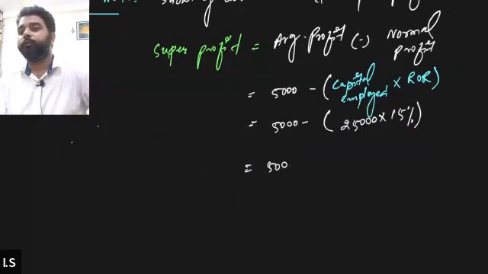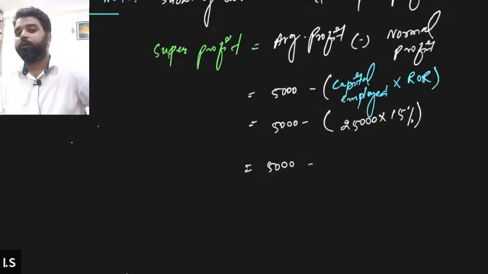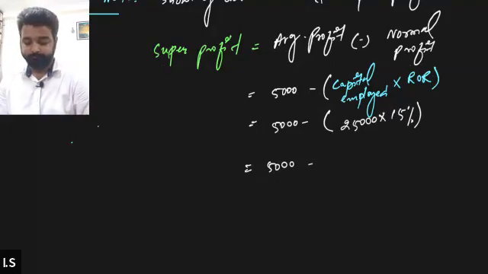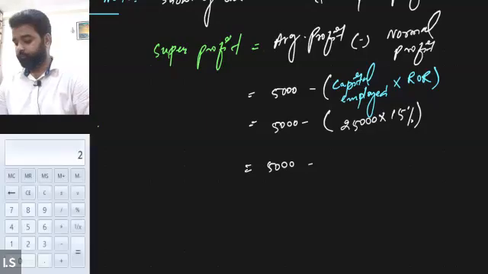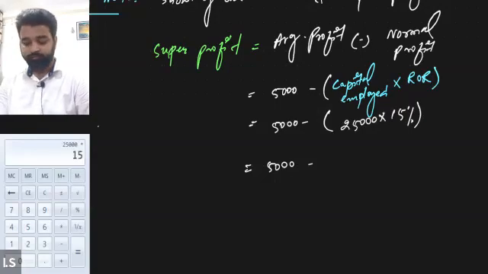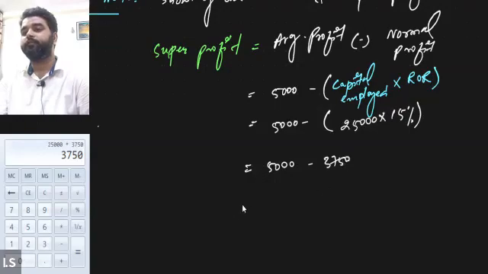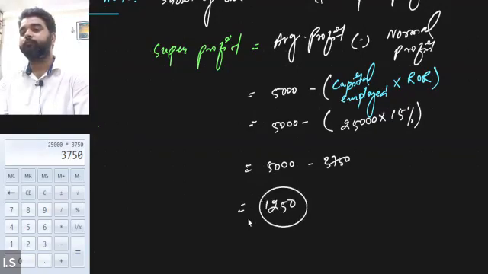So 5,000 minus 25,000 into 15%. This will be 3,750, and subtracting 3,750 out of 5,000, we get 1,250 rupees.